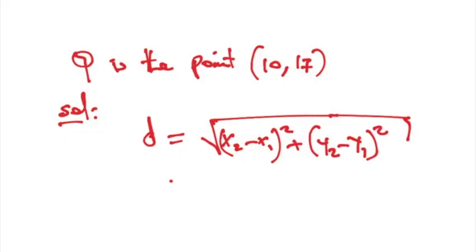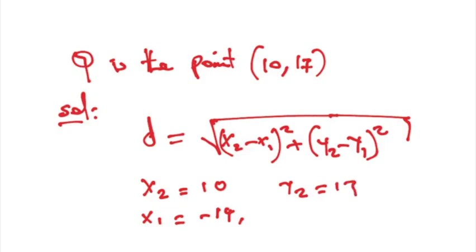In this case, our x2 is the one on P. So our x2 is 10, x1 is negative 14, y2 is 17, y1 is equal to 27. So these are our values now.